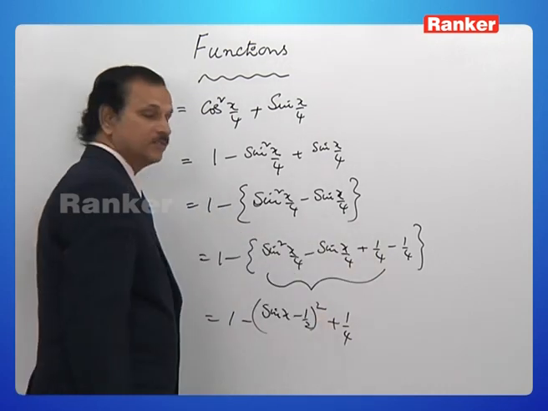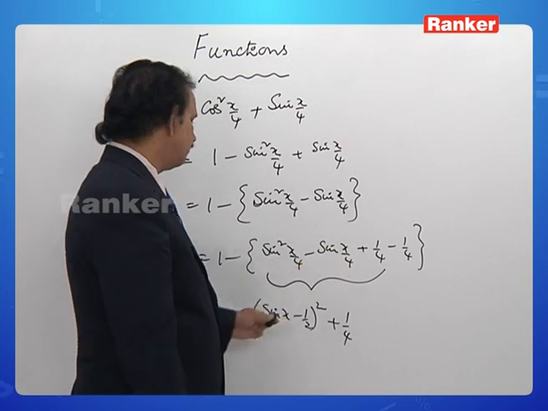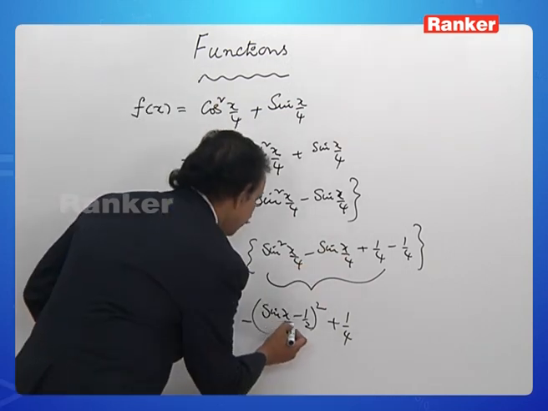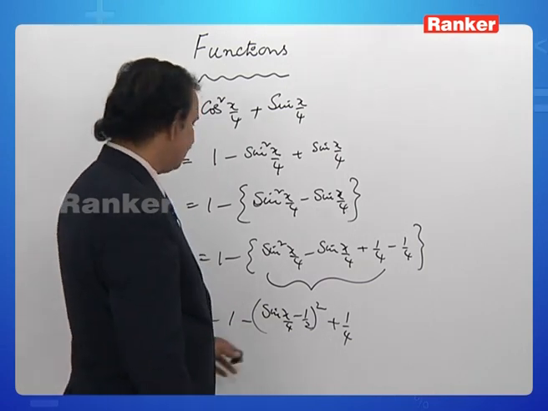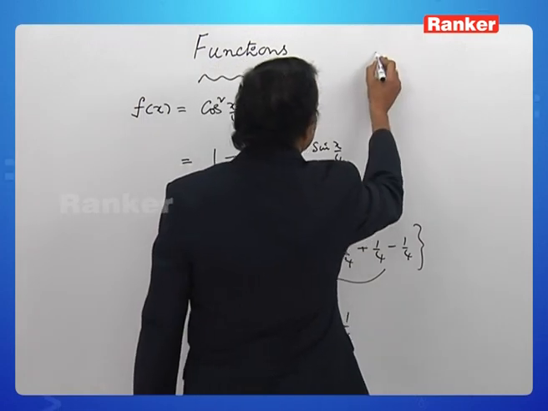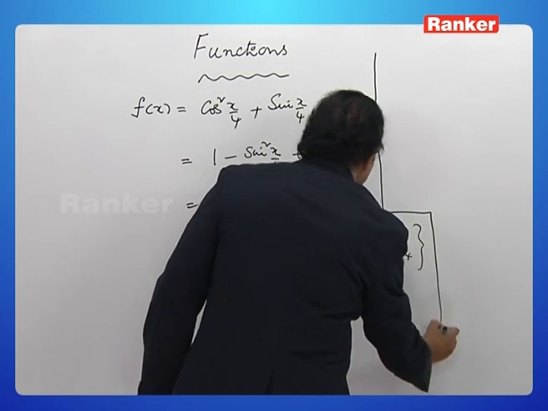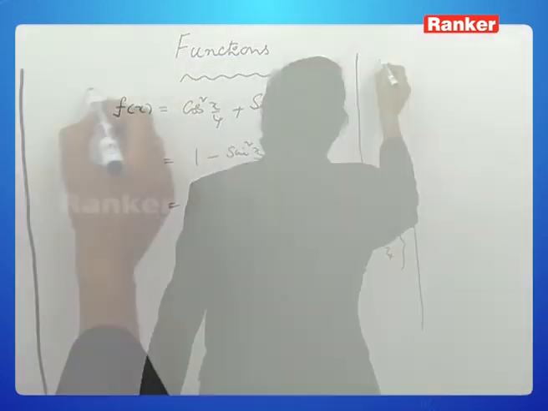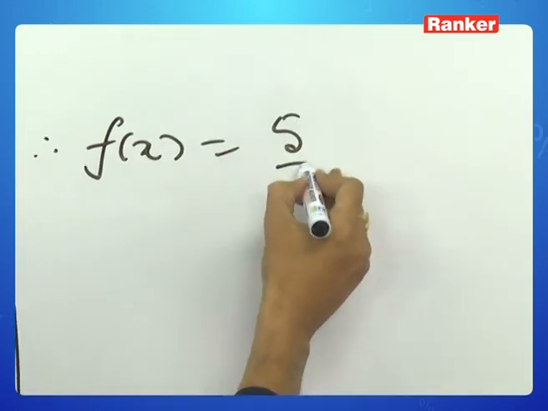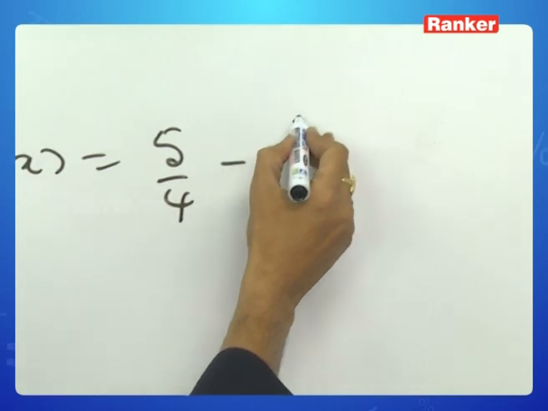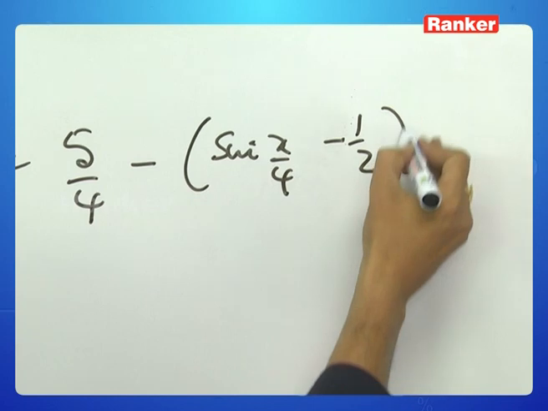Minus of minus 1 by 4 is plus 1 by 4. It is in the form a square plus b square minus 2ab. Sin x by 4 minus half whole square plus 1 by 4. What is 1 plus 1 by 4? 5 by 4. Therefore, f of x is equal to 5 by 4 minus (sin x by 4 minus 1 by 2) whole square.